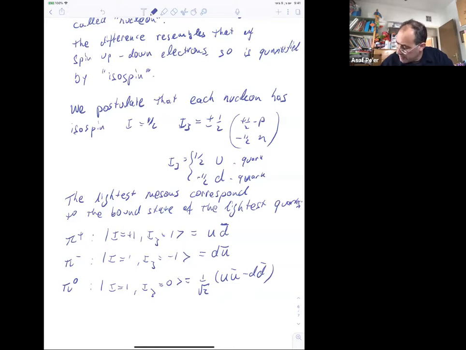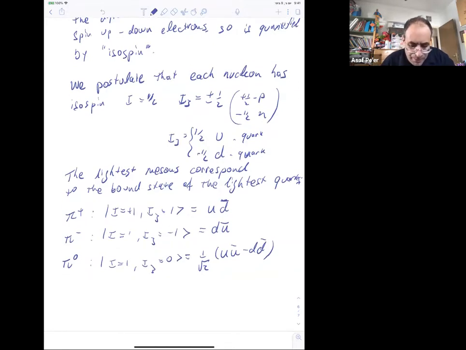Now I put two notices here. One is the minus sign that is here. It comes from the symmetry group, SU(2), because it requires that the anti-fermion transform in the same way as the fermions. In fact, it's a convention, and in some textbooks you'll find that for the pion plus you get a minus sign, minus up and anti-down quark.